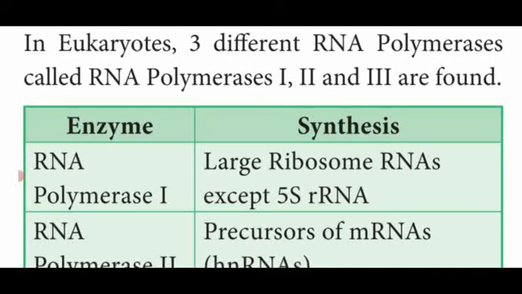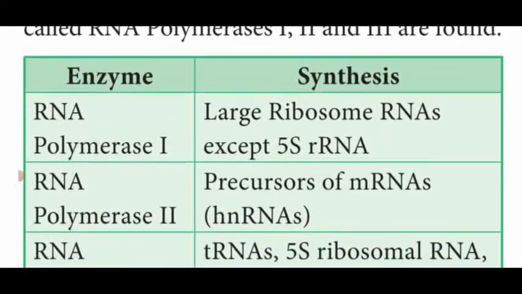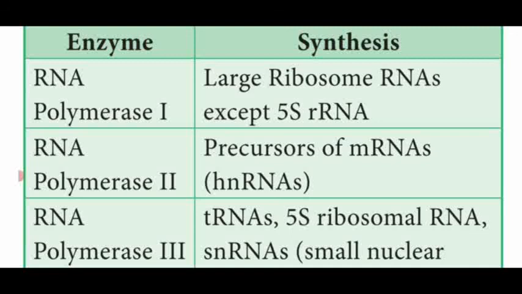In eukaryotes, three different RNA polymerases are called RNA polymerases 1, 2 and 3. First one, the enzyme RNA polymerase 1, synthesizes large ribosomal RNAs except 5S rRNA. Then RNA polymerase 2 makes precursors of mRNA.